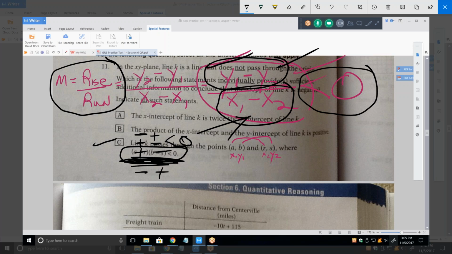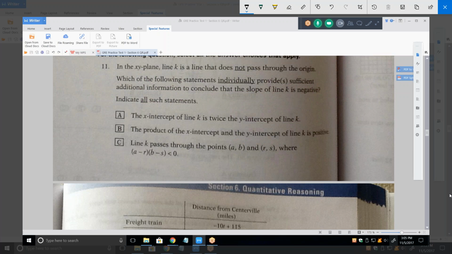What they're telling us in C is this. That also has to be true. So in other words, if I'm understanding you correctly, they're essentially writing the same equation just in a different way. Not quite. No, that's why it escaped me the first time when I was looking at it, is that I was looking for rise over run. And they didn't give us rise over run, they gave us rise times run.